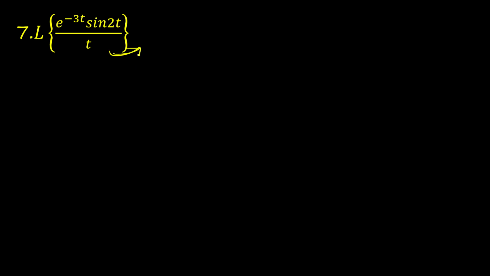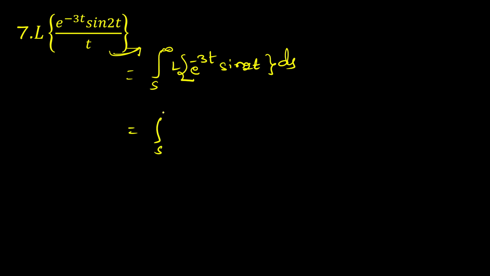First apply the division by t. To apply the division by t, now write integral s to infinity Laplace transform of the numerator e power minus 3t sin 2t of ds. Yes. Now integral s to infinity, to remove this exponential form, again s changes to s plus 3 of the remaining term.